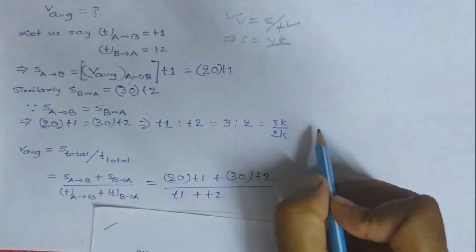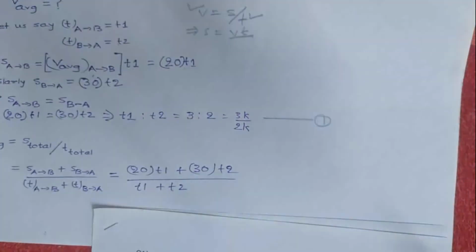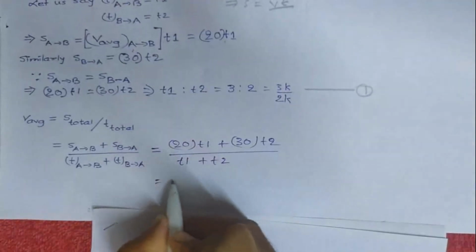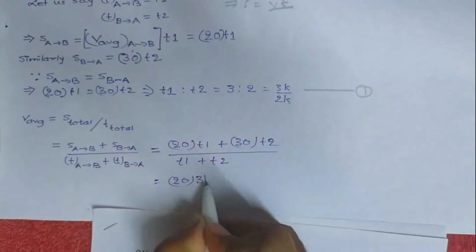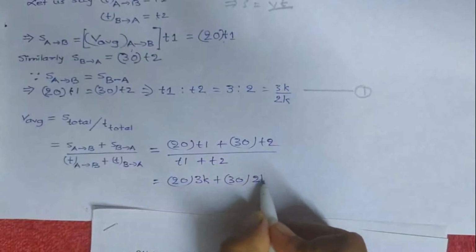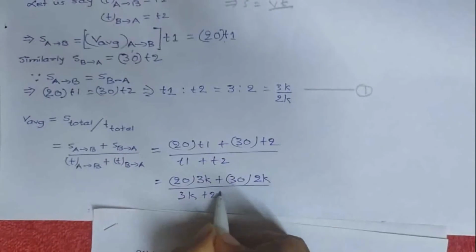Let us give question number 1 to this. How much will the value come out to be? So 20 into 3k, plus 30 into 2k, by 3k plus 2k.